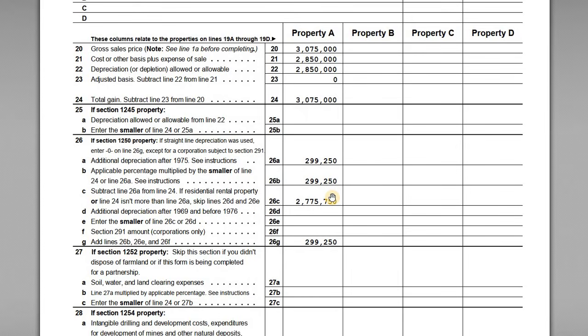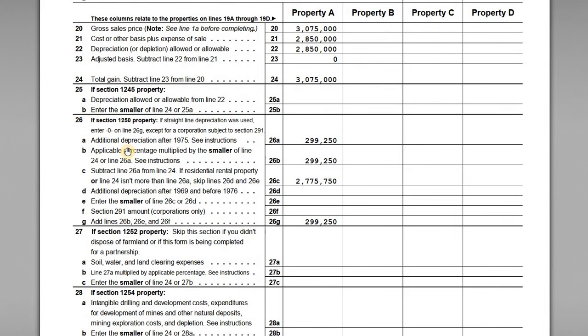We used an accelerated method until we switched to straight line. So here they're asking us, what was the additional depreciation taken after 1975, right? So between 75 and through 86, what was the extra amount we had? And there's that $299,000, right? So the $299,250 is the portion that was the excess taken during that period.